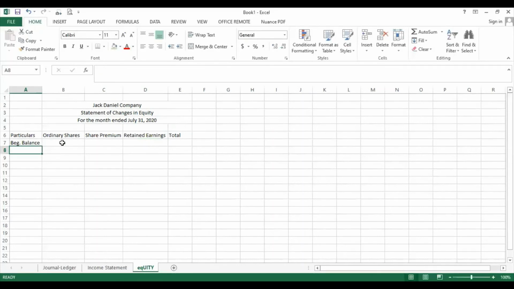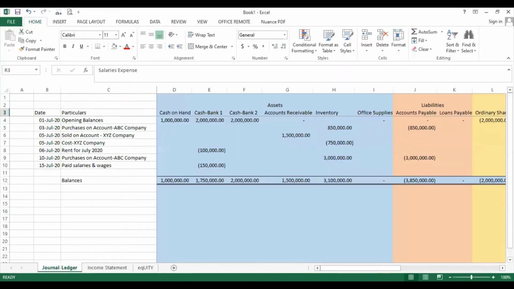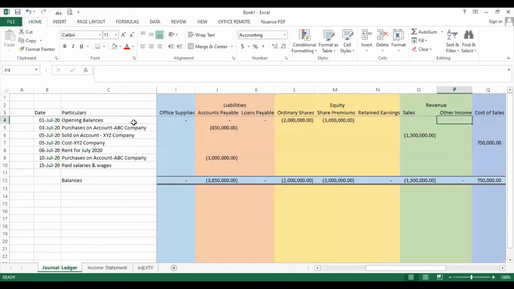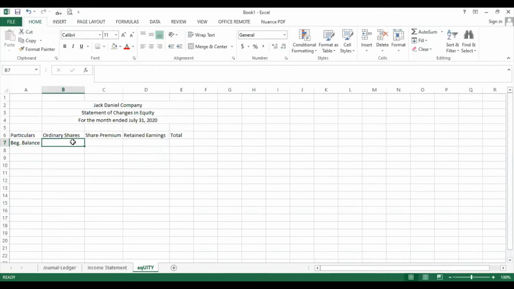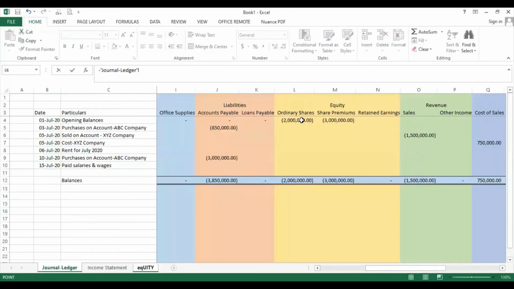For our beginning balances, let's check our journal. So we have ordinary shares. Again, since we use negative to signify credit, but in our statement, of course, we will not be using the negative signs. So we will connect it via minus sign. So minus, then click ordinary shares, then click enter.